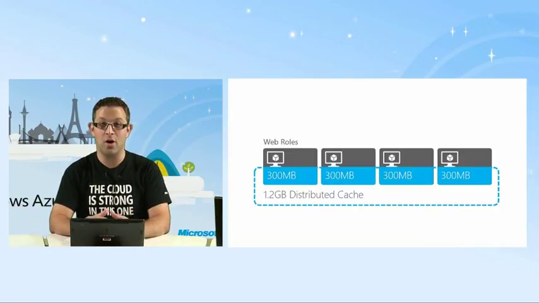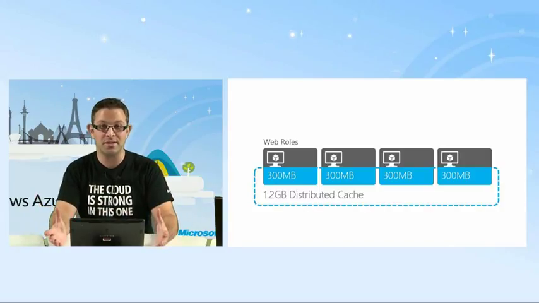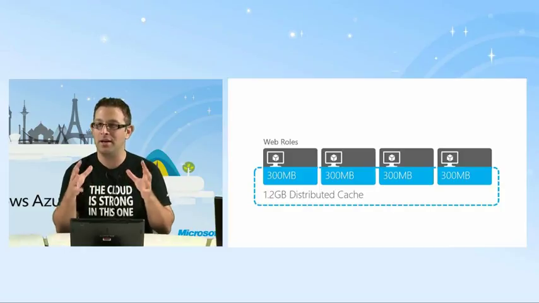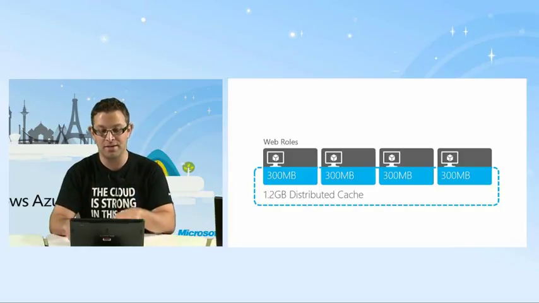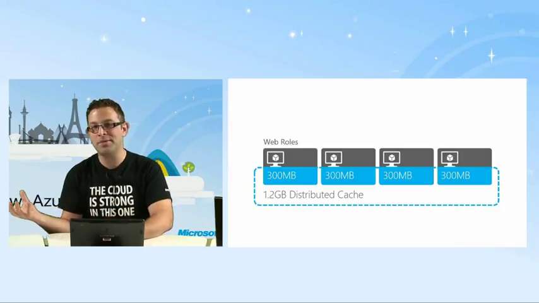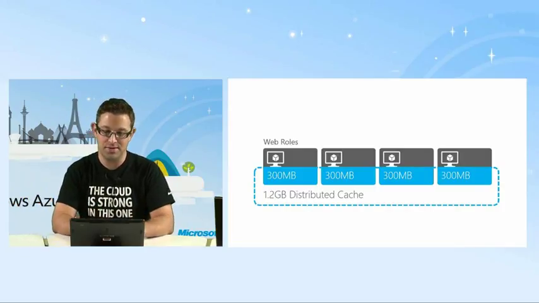Or, sorry, in this case, all of my instances of cloud services. And that's actually one of the reasons why I was saying before that you want to start thinking in terms of cloud services, because once you're in that world, this becomes available to you. In the website world, you're not going to have this.